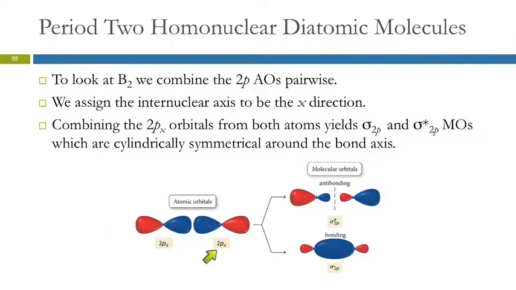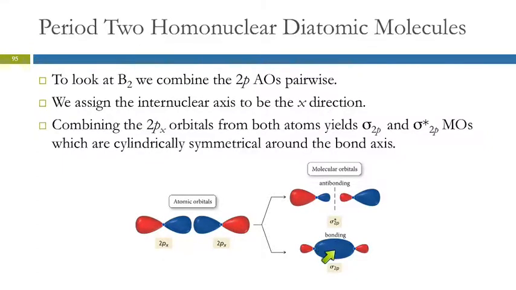When we combine these, we can combine them in a way that reinforces them, constructive interference, and so this blue part gets bigger. Or we can combine them in a destructive way, out of phase, or subtracting them, and so this part in the middle gets smaller and there's this node. So this is the anti-bonding orbital and this is the bonding orbital.